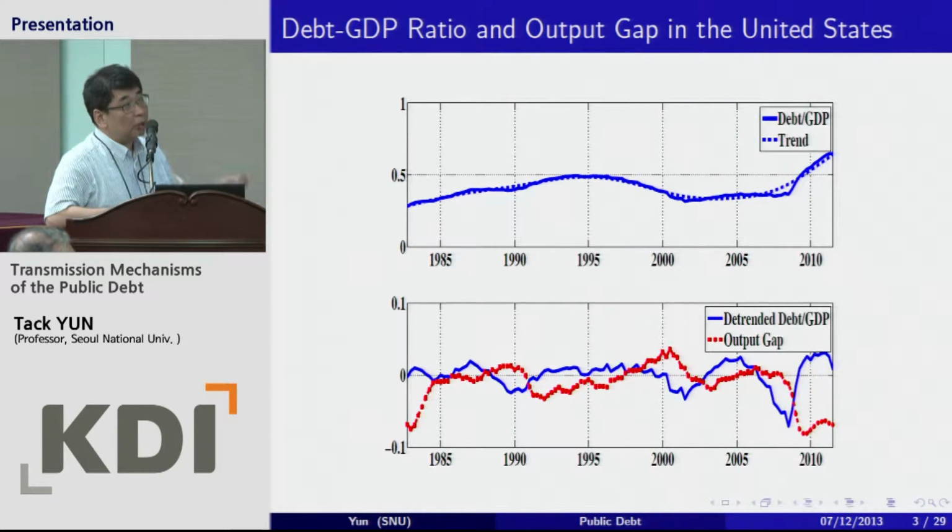So my question is why we have this negative relation. There might be various mechanisms that give rise to the negative correlation between the output gap and the detrended ratio of debt to GDP.